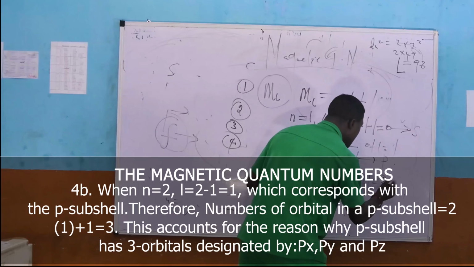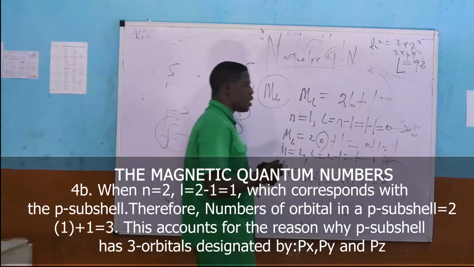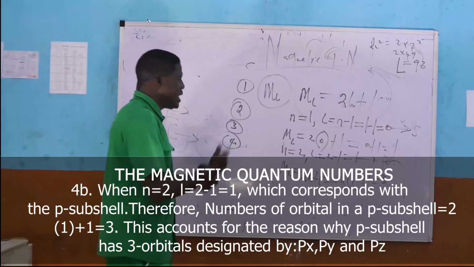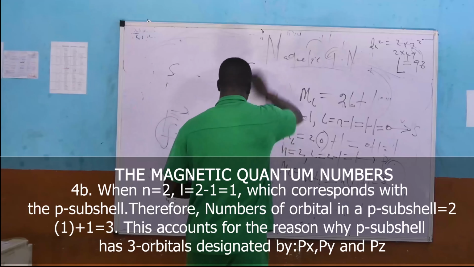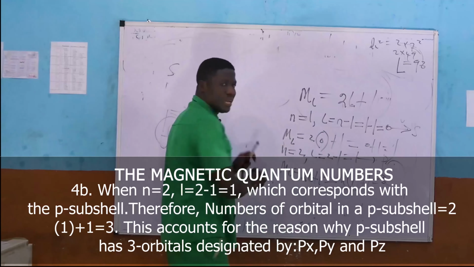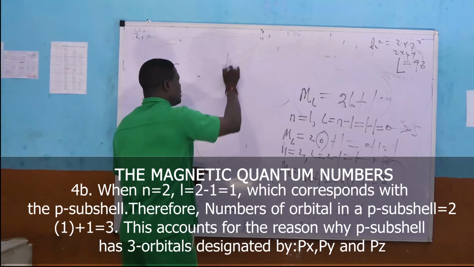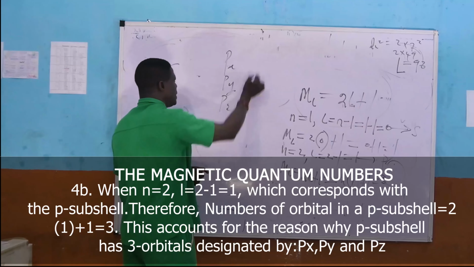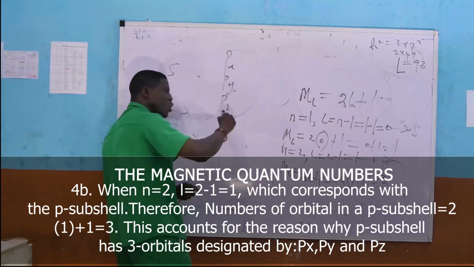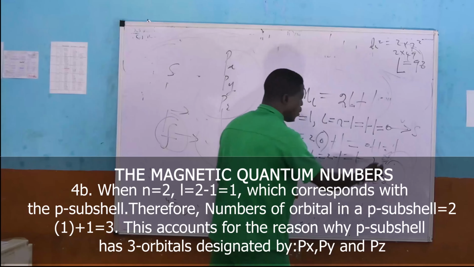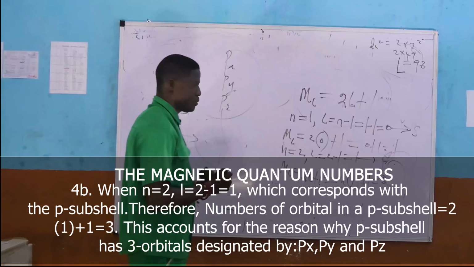Meaning that inside of the p subshell, there are 3 sub-subshells. Meaning that we have 3 types of p atomic orbitals, which are today designated as the px, the py, and the pz. These are the 3 sub-subshells that are contained inside of the p subshell. So take note.